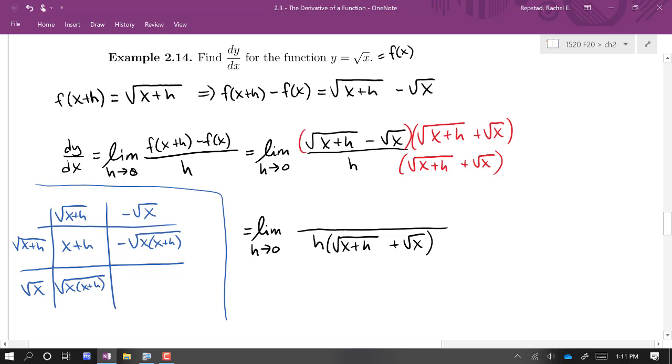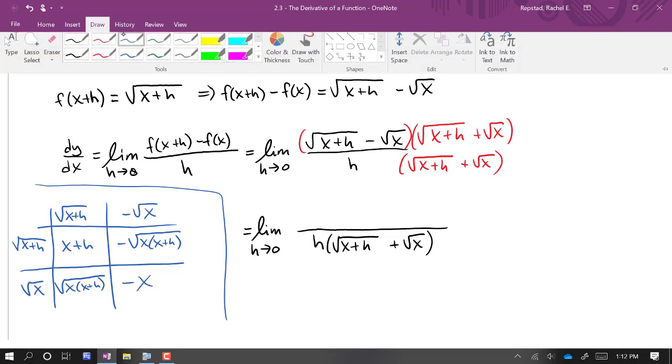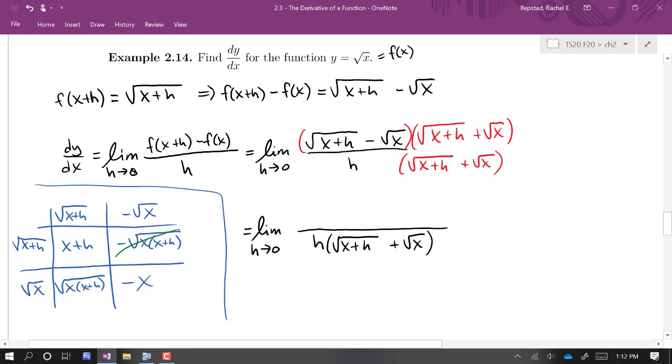And then the last one, we've got a negative root x times root x, which is x, so minus x. These terms cancel, right? Because they're just the opposite signs. And when we combine those like terms, we have x plus h minus x.